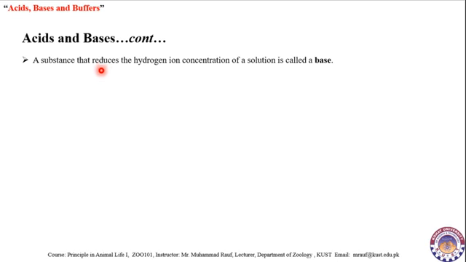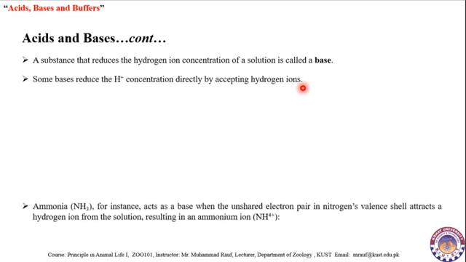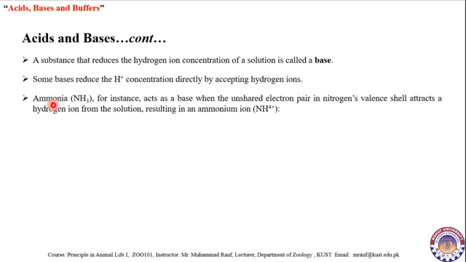A substance that reduces the hydrogen ion concentration of a solution is called a base. Some bases reduce the hydrogen ion concentration directly by accepting hydrogen ions. For example, ammonia.